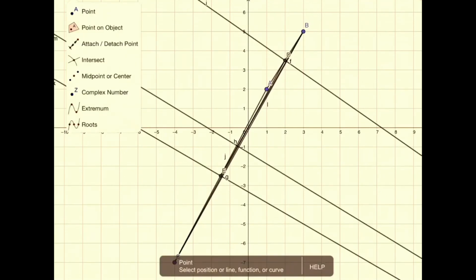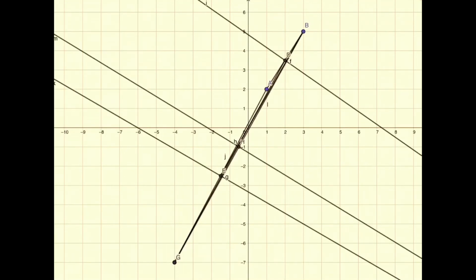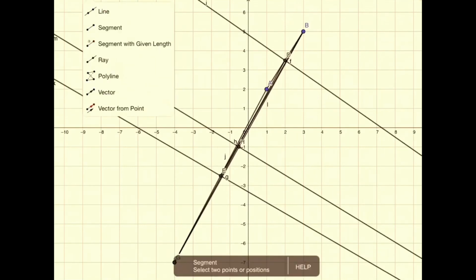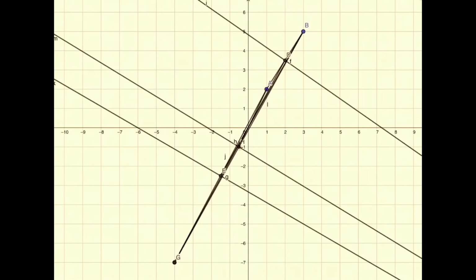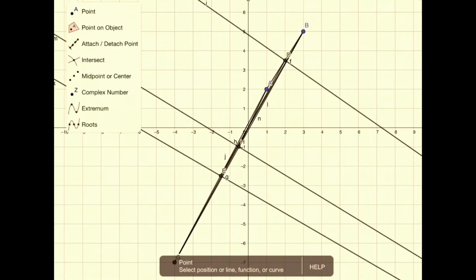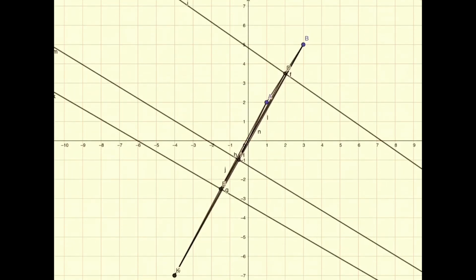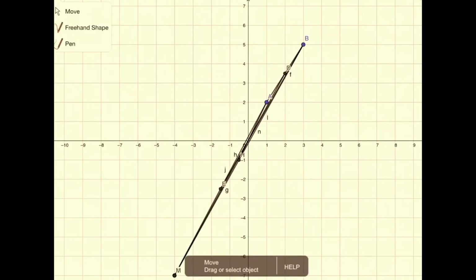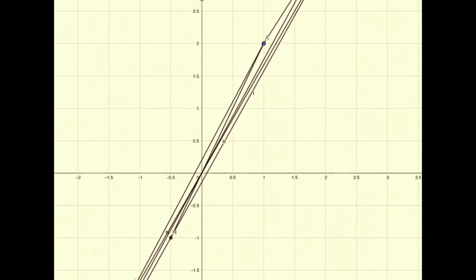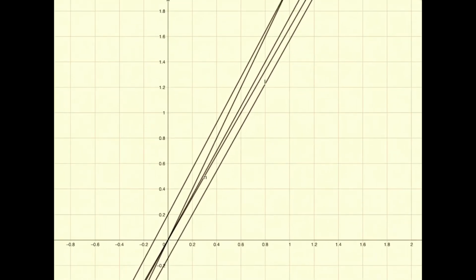I draw another perpendicular bisector of BC and I get the midpoint of BC, and I join it to A, the opposite vertex, and I get the third median. So I mark that point N where the medians are intersecting, and I hide these so that it's more clear to us what the figure is.